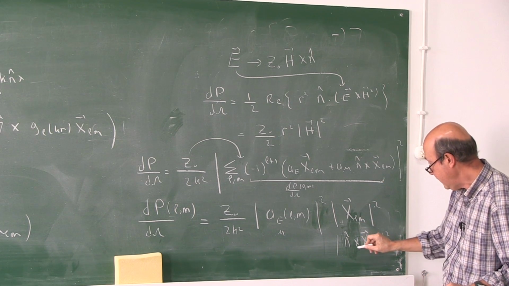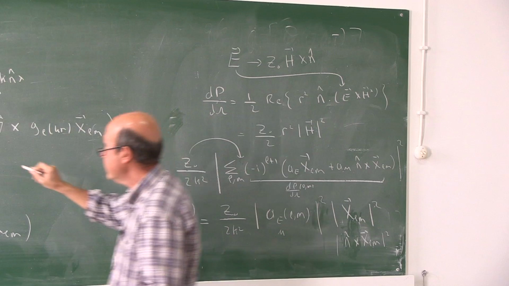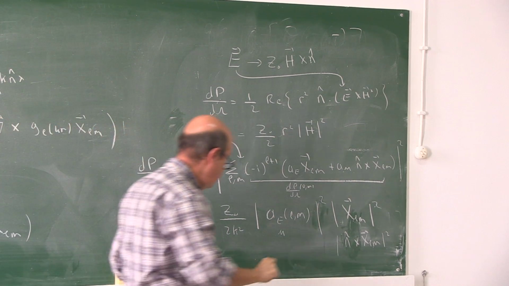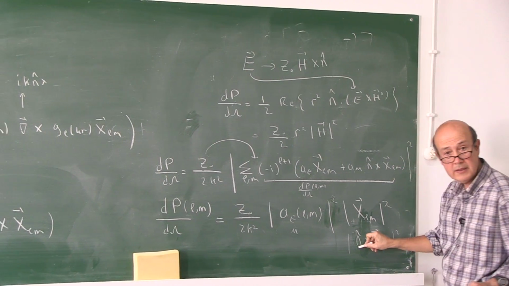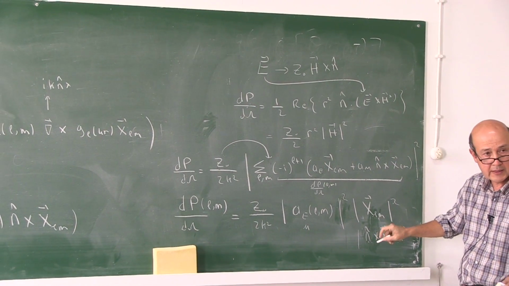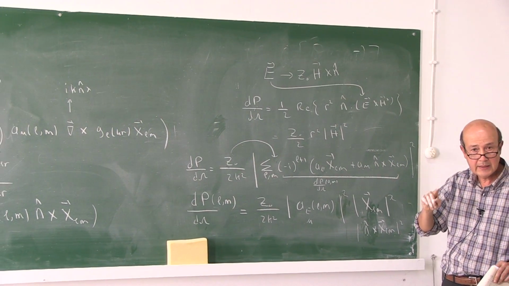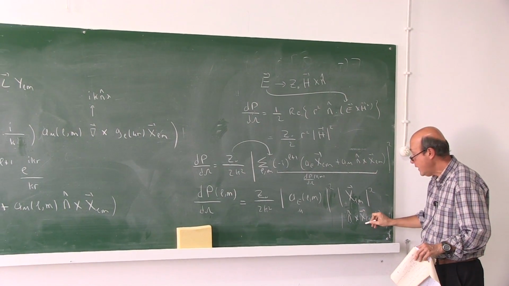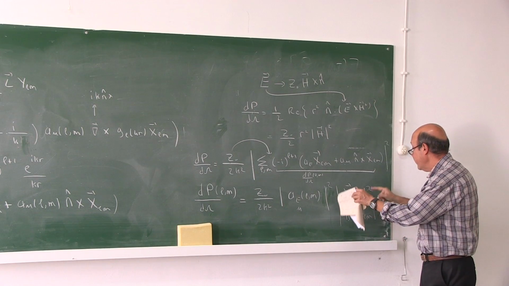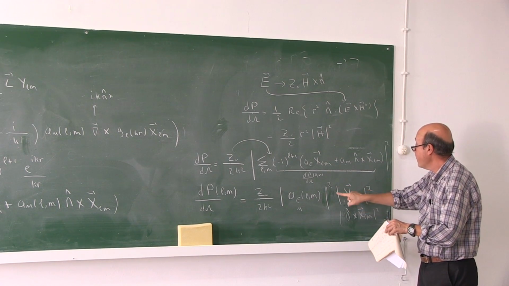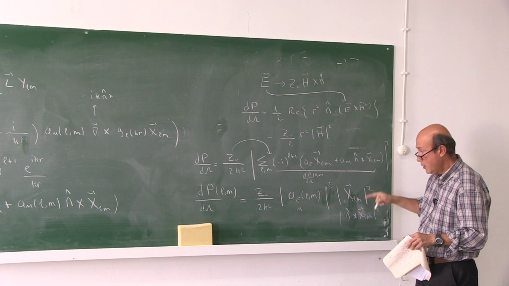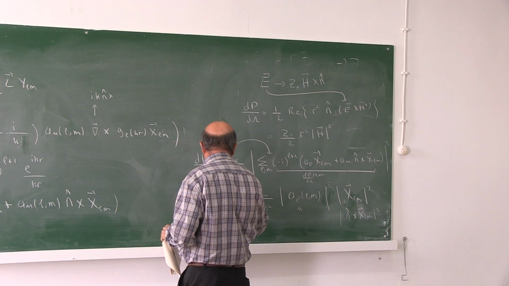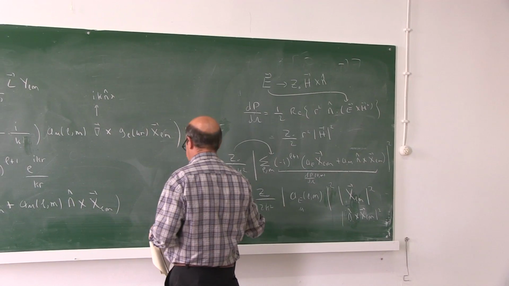But you know that x is parallel to L and N is perpendicular to L. I showed you that N dot L is equal to 0. So basically this is 90 degrees, and this absolute square is equivalent to the absolute square of x Lm. Now I will estimate the power emitted per solid angle for each multipole order Lm.